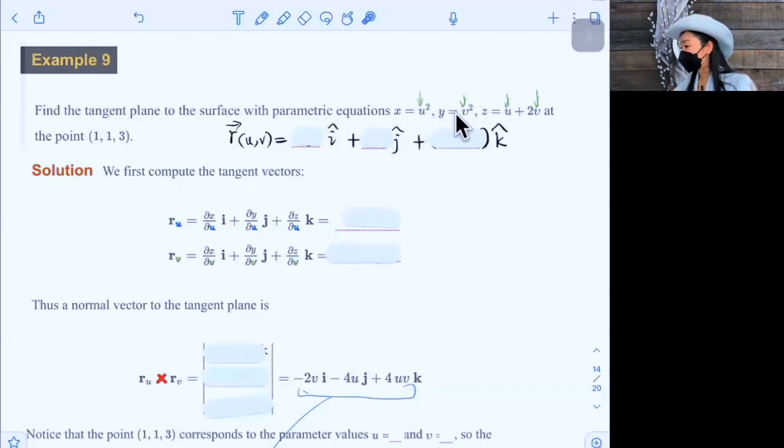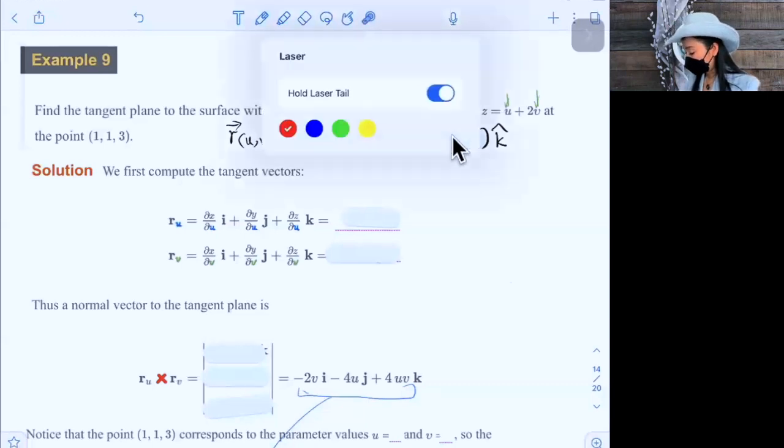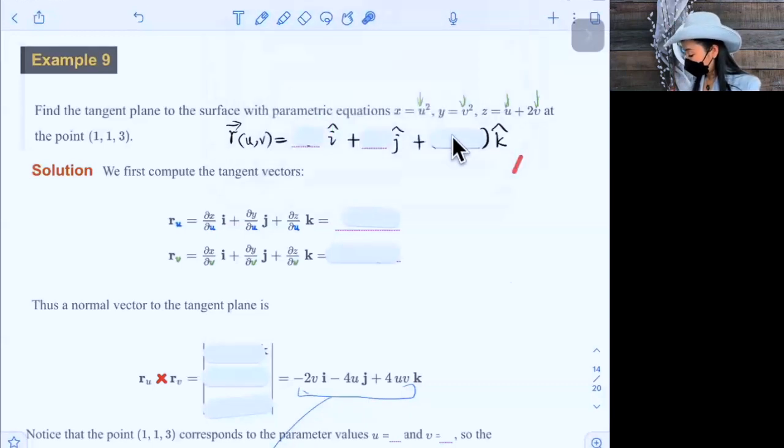If you know the parametric equations, all you have to do is just plug in each component, right? You put this into x, that into y, and that into z, so that will be u squared, v squared, u plus 2v, each component.